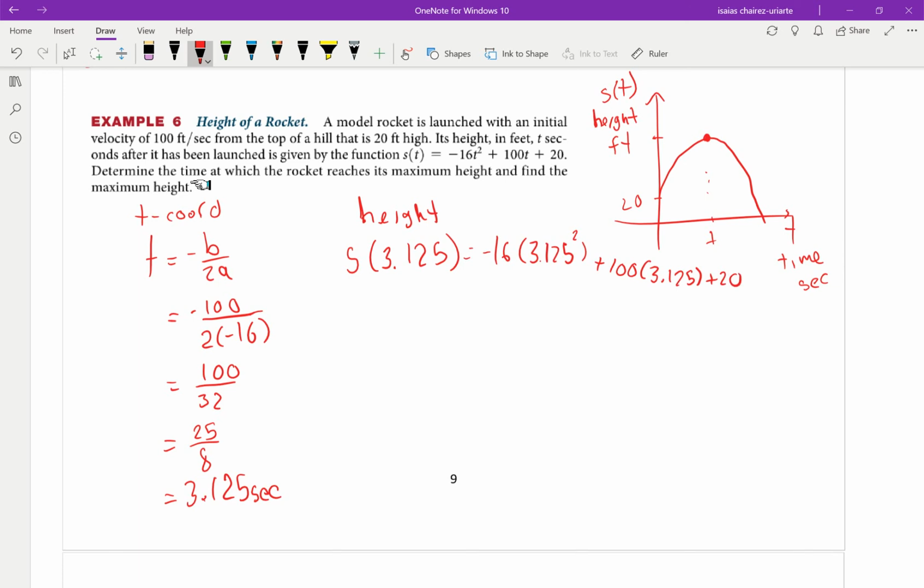Let's do some arithmetic here. 3.125 squared times 16 gives negative 156.25.